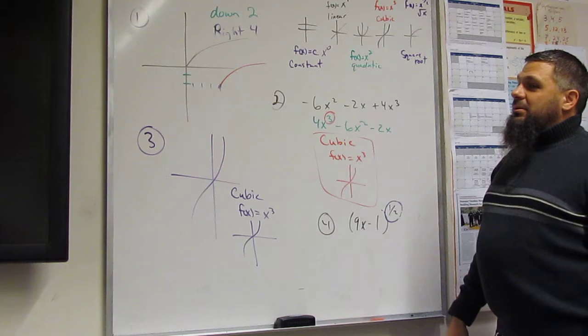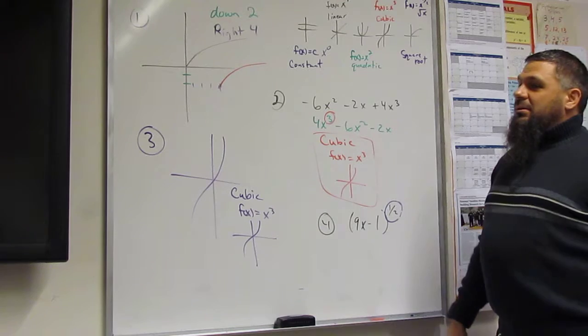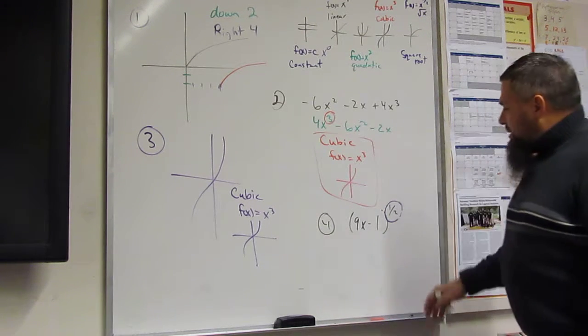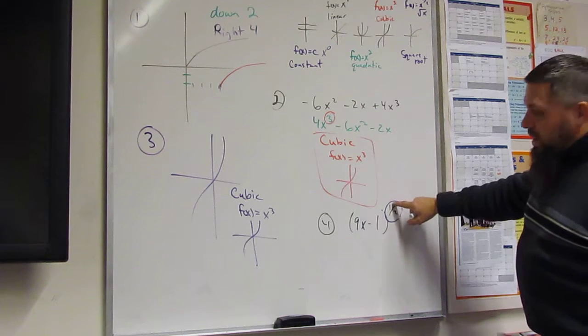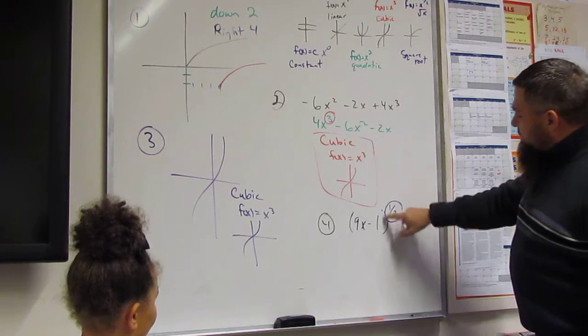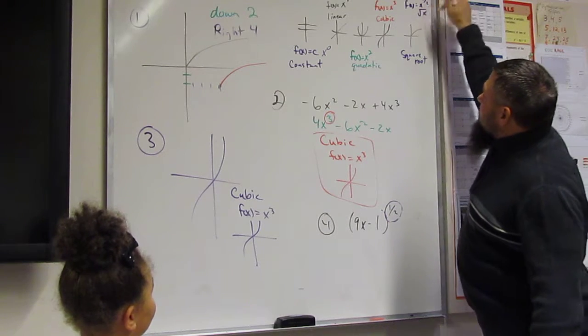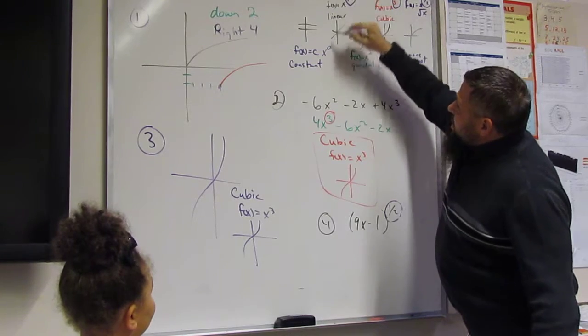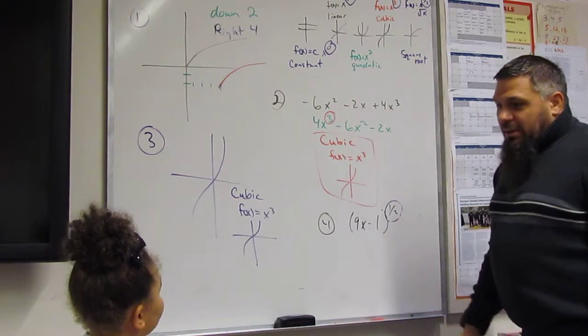Can you see it? Go over there and look, Lily. Come on up. Do you see how this is 1/2? Right? There's a line there. Does this match any of these? Does it look like this? Or does it look like this?